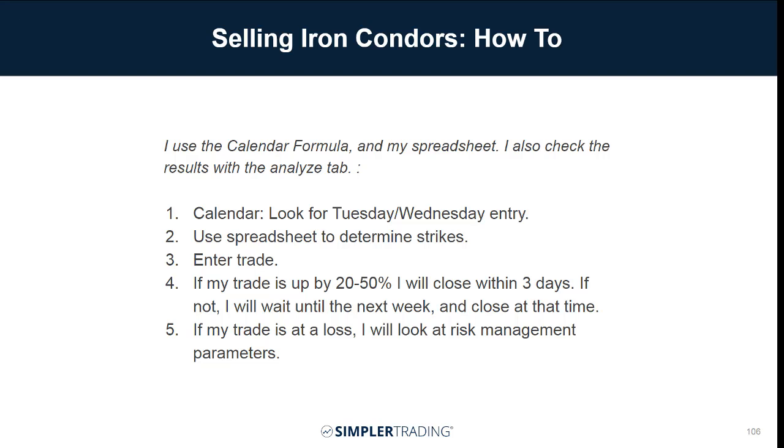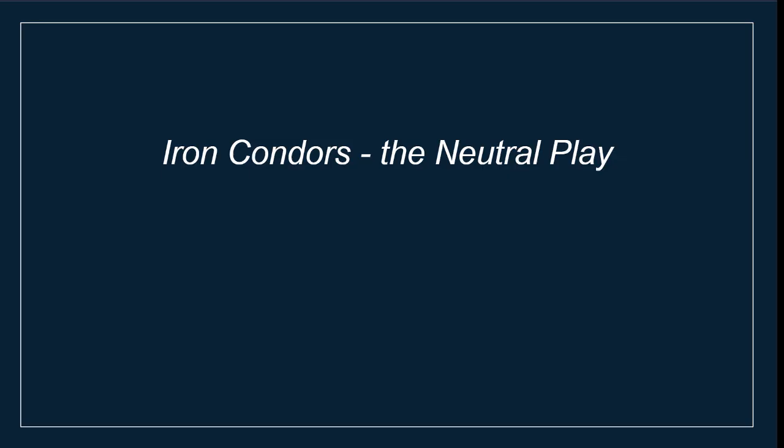All right, so the next portion of this is selling iron condors. How do you do that? Same exact thing as the previous two explanations that I just went through. You want to look at your spreadsheet, look at your calendar, look at your trend. The only thing that is going to be different is placing 2 legs instead of just 1 leg.